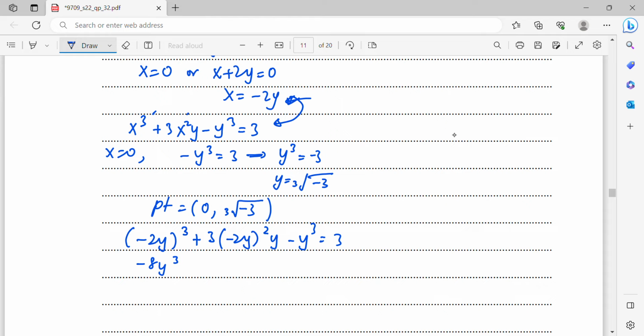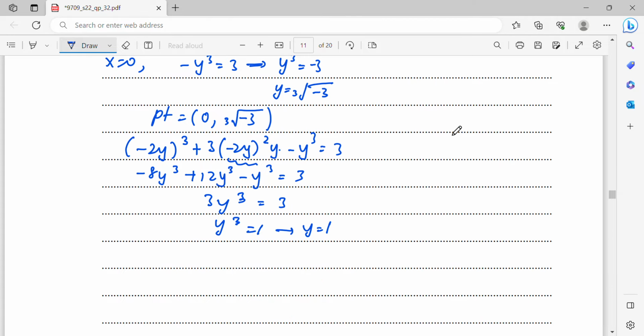And then (minus 2y) squared is going to be 4y squared, and 4 times 3 is 12, so 12y squared times y, which is 12y cubed, minus another y cubed equals 3. So the left-hand side total is going to be 3y cubed equals 3. Alright, so now my y cubed is 1. Therefore, my y is 1.